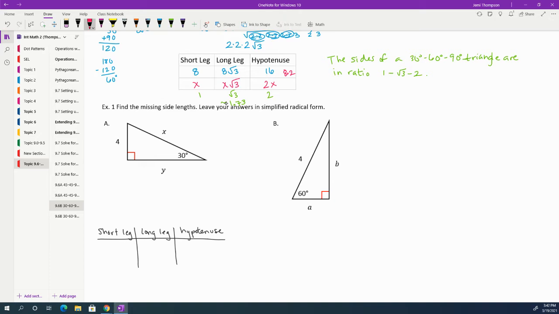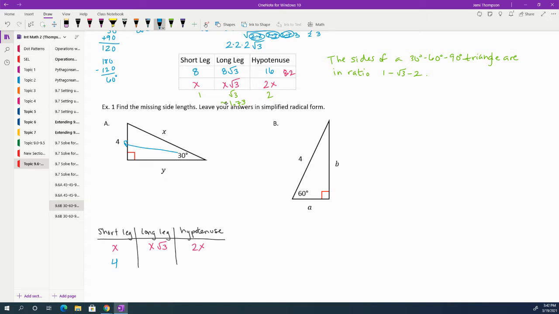So my expression: the short leg is x, the long leg is x square root of 3, and the hypotenuse is 2x. What do I know? What length do I have? I have the length across from the 30-degree angle. This is the short side, so that's the short leg.